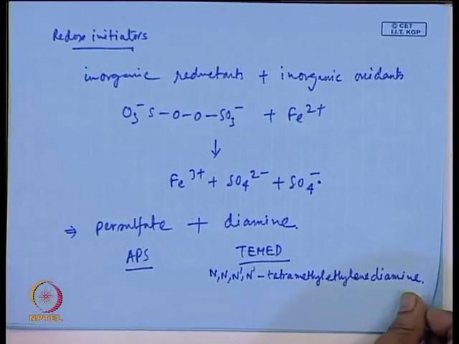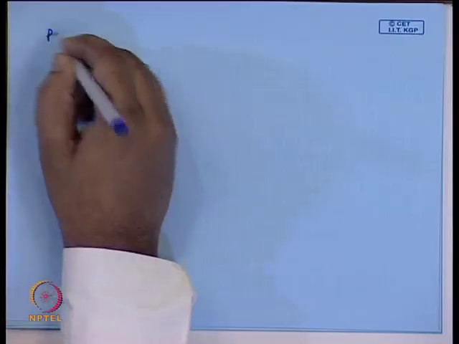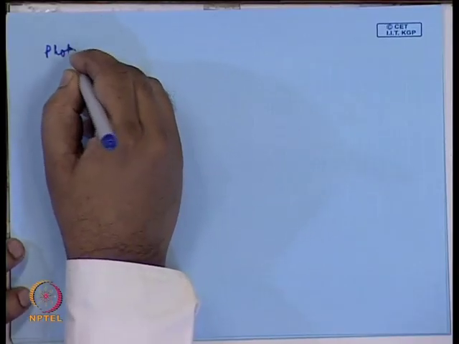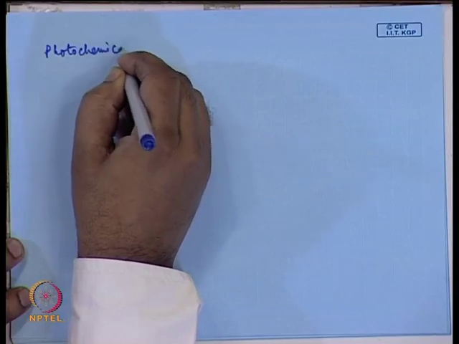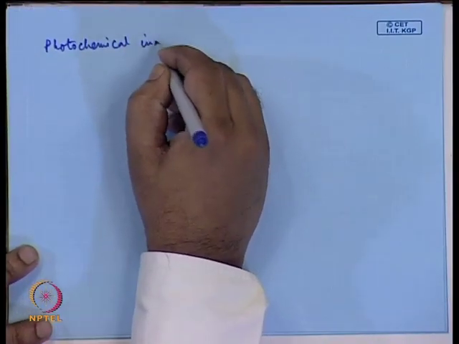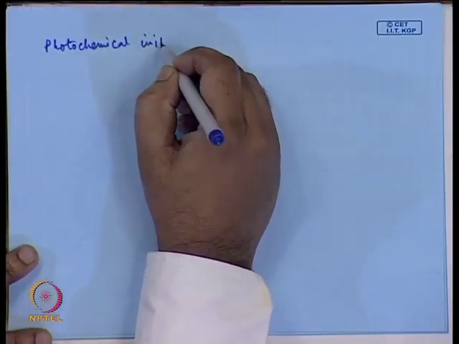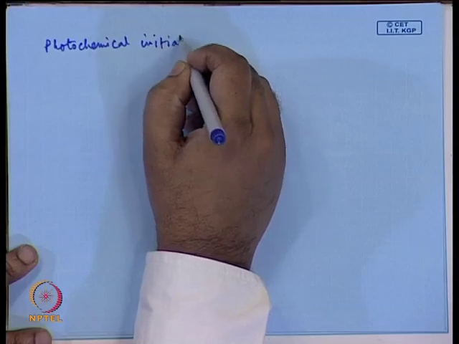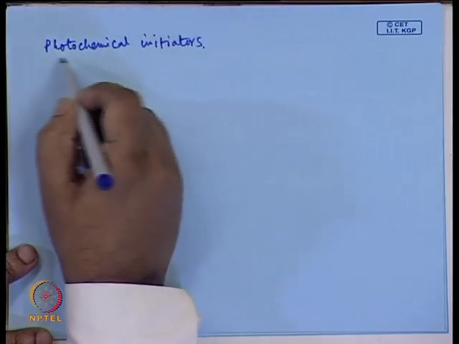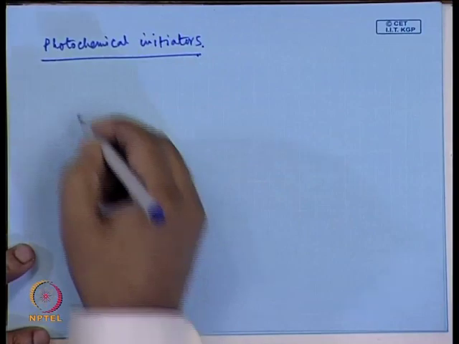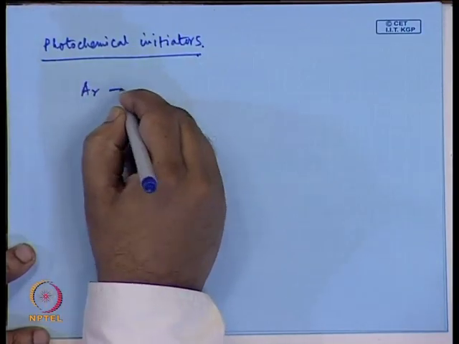The other type you can utilize is photochemical initiator, or photoinitiator in short. For example, here you can use aromatic ketones.